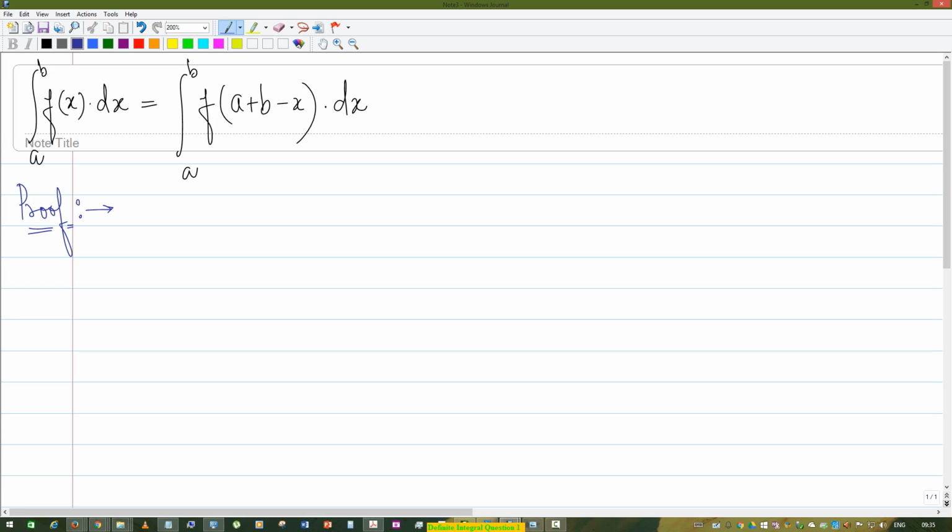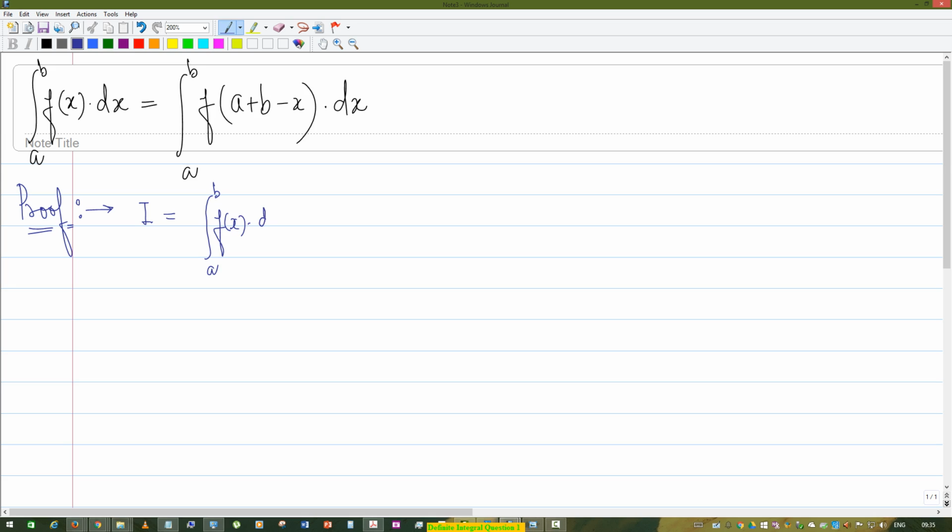Only then we can surmise that our assumption is correct and we can use that property in solving a variety of questions in mathematics. So let us assume it as I, which is equal to the integral from a to b of f of x dx.